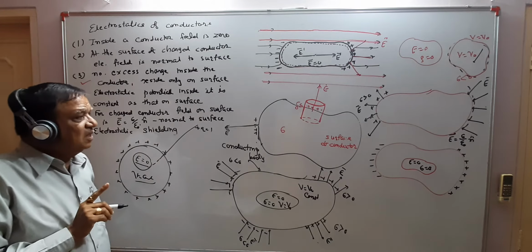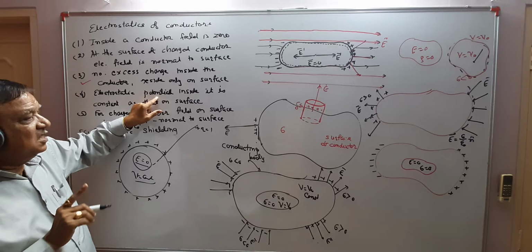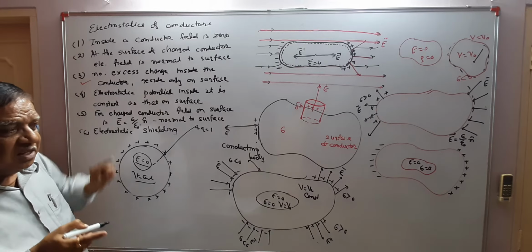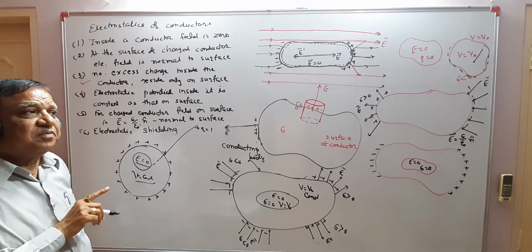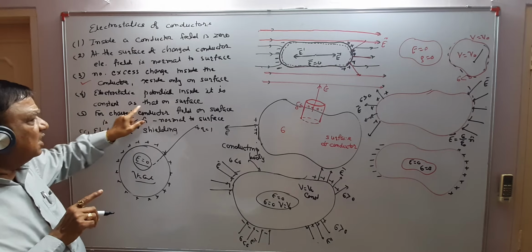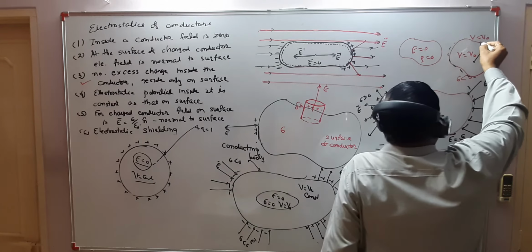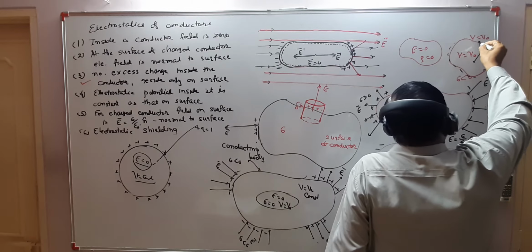Again, remember that the electrostatic potential inside the conductor is constant, the same as that on the surface. This means whatever potential is on the surface also remains the same inside.